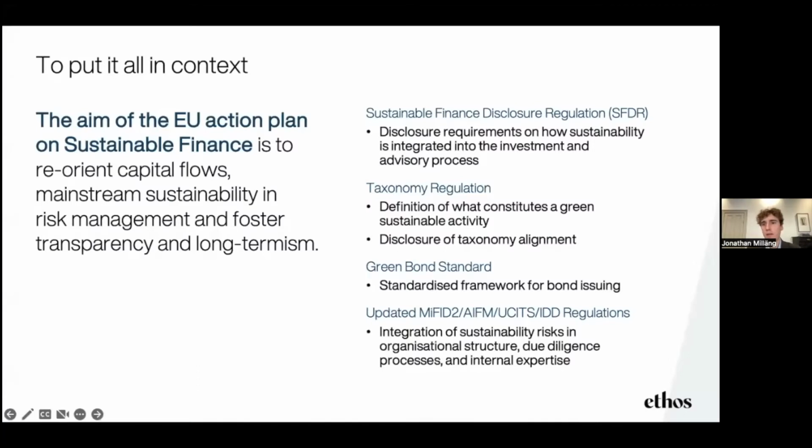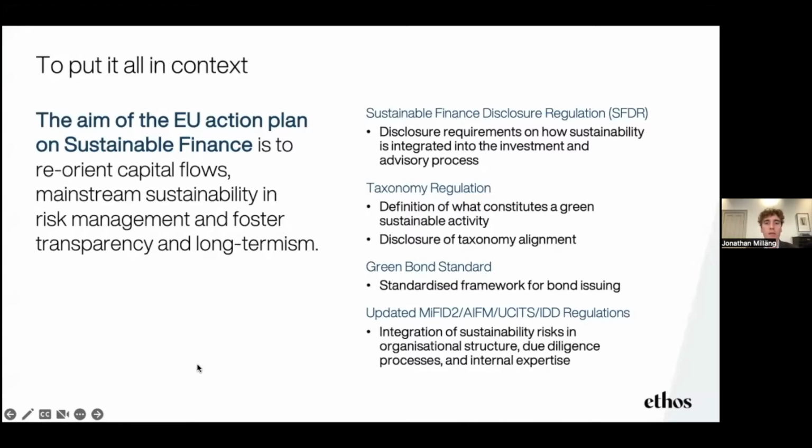So what is the EU taxonomy, and basically why has it been developed? So you have the Sustainable Finance Disclosure Regulation and the Taxonomy Regulation, as well as the Green Bond Standard and the updated MiFID, AIFM, UCITS and IDD regulations. All of these take sustainability into account in some way.